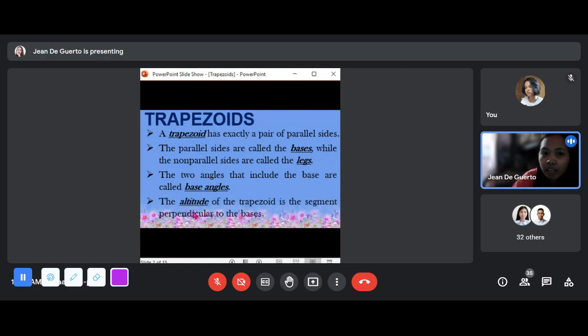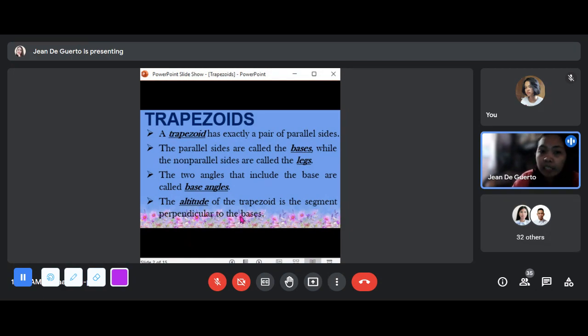Then we also have the altitude. So altitude is the other term for the height of a trapezoid. So the altitude of a trapezoid is the segment perpendicular to the bases. Actually, lahat naman ng altitude ng quadrilateral, it is a segment which is perpendicular to the opposite side.